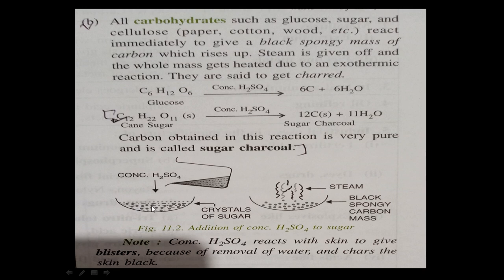These are crystals of sugar. You are keeping crystals of sugar here, and through this beaker you are pouring concentrated sulfuric acid. As a result, you can see the steam going out. Steam means water molecules are going off, and you can see a black spongy carbon mass, which is also called sugar charcoal.